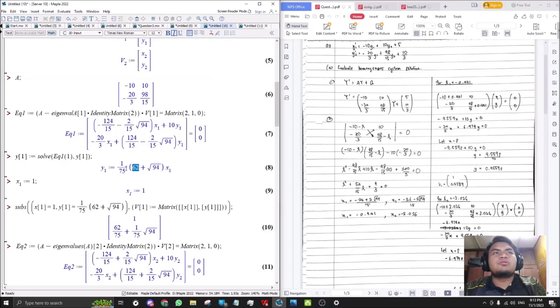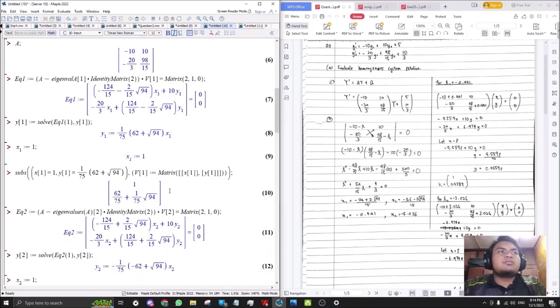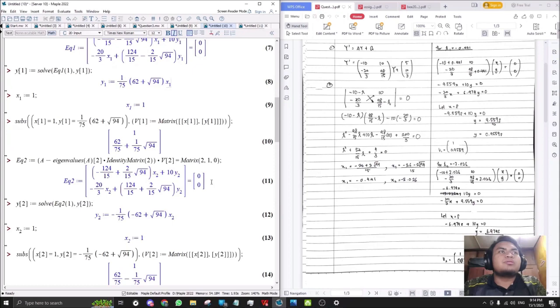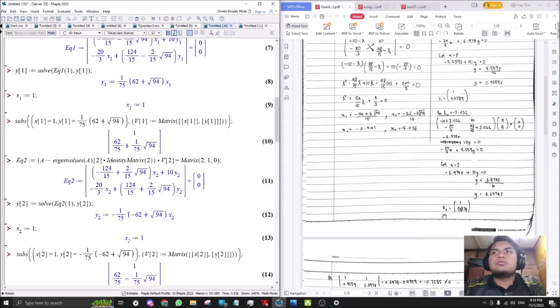So to determine if the number is the same, we just simply calculate. Okay, so the number is just the same. After that we want to find v2.